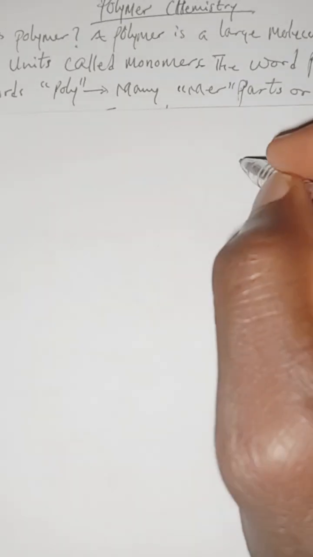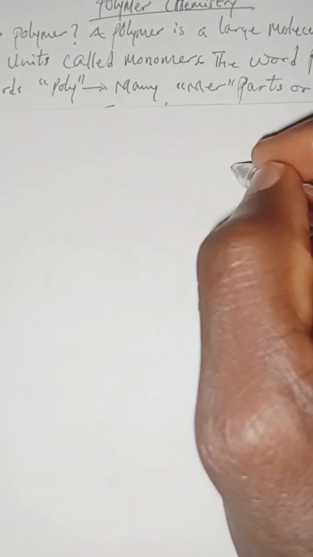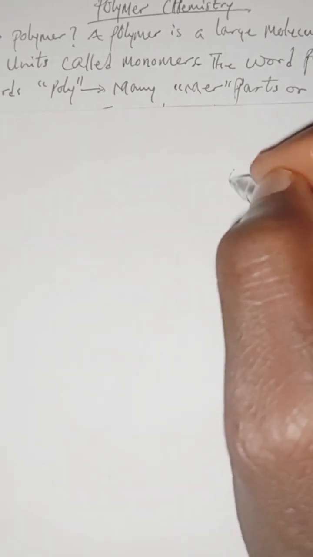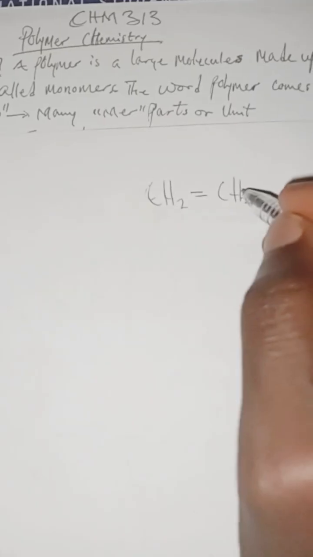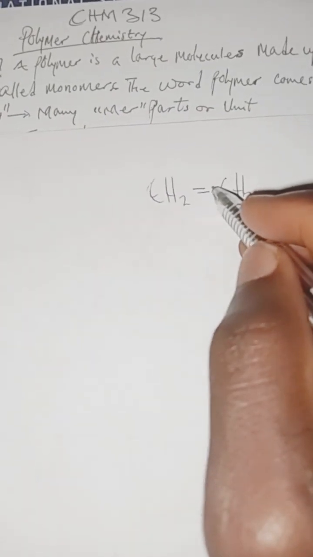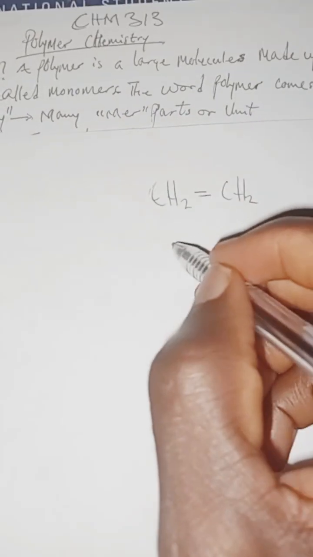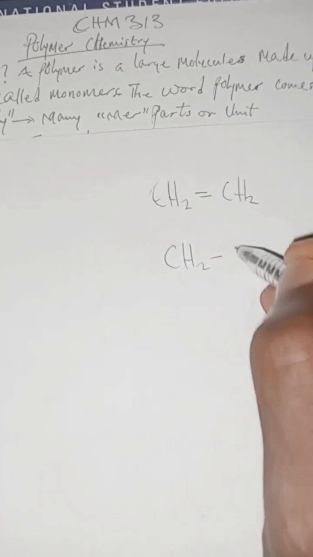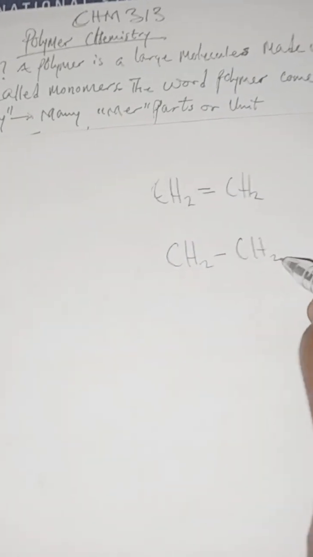Now let's look at this. We have ethylene, which is CH2 double bond CH2. In an addition reaction, if one of these double bonds breaks, we are going to have CH2 single bond CH2.